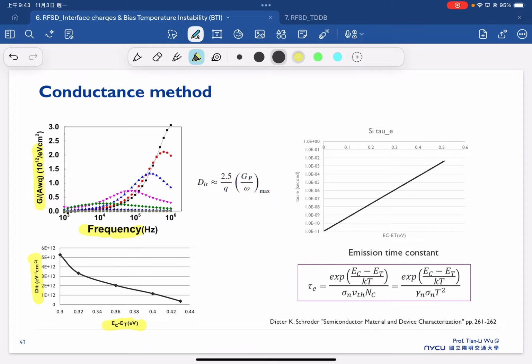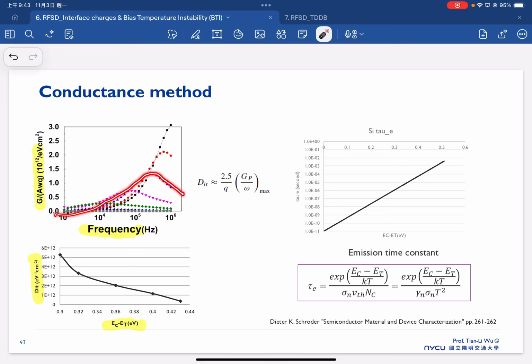Then we have this graph, where this is one conductance versus frequency, another conductance versus frequency, then a third conductance versus frequency here.